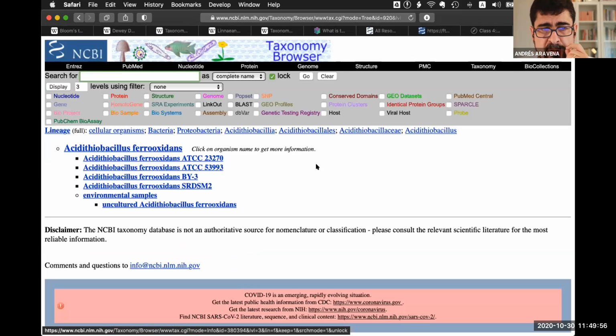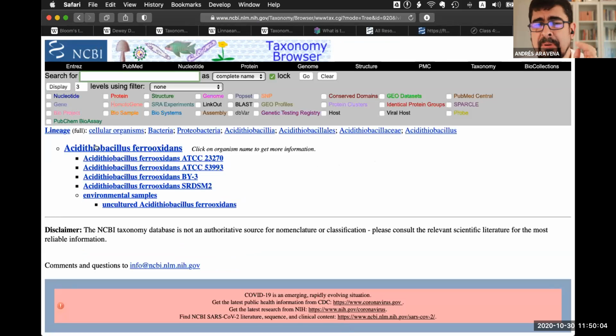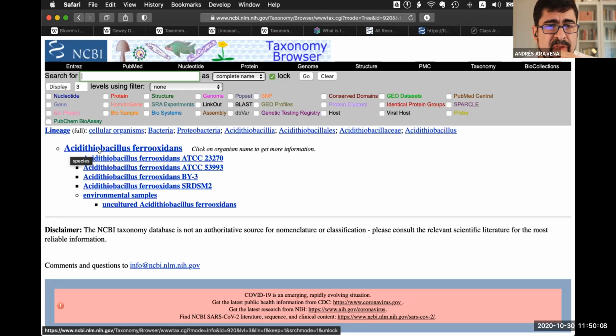Let me just, in the last 5 minutes, tell you what this is. Acidithiobacillus ferrooxidans, as the name says, is a bacillus that lives in an acid environment. Thio means sulfur. It can take sulfur and it can take iron. Ferrooxidans means it oxidizes iron, and in acid, sulfur.